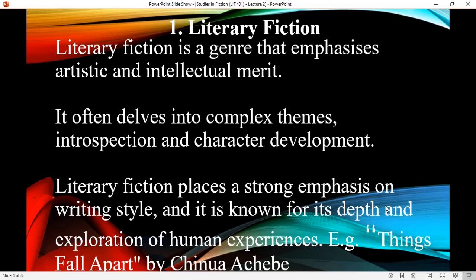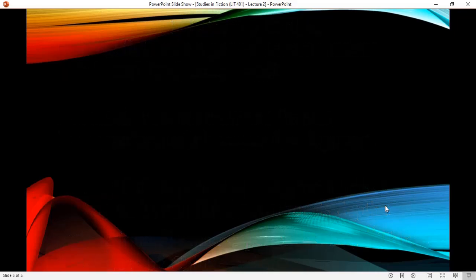That's what literary fiction is all about. Here, emphasis is on the writing style of the author and how deep the work is, how the work has explored different human experiences. An example of literary fiction is Things Fall Apart by Chinua Achebe.